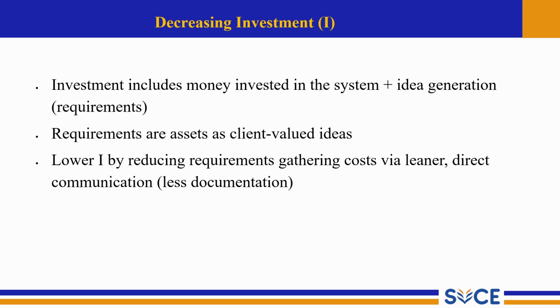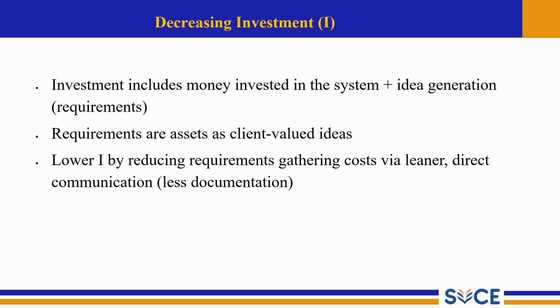The next one is decreasing investment. Investment includes money invested in the system plus idea generation, that is, requirements. That combination is the investment we want to decrease. Requirements are assets as client valued ideas.